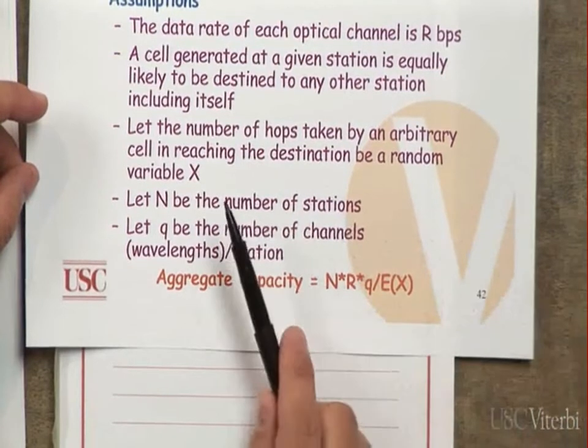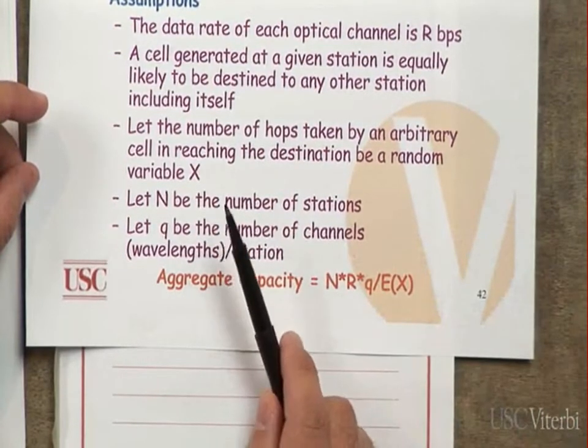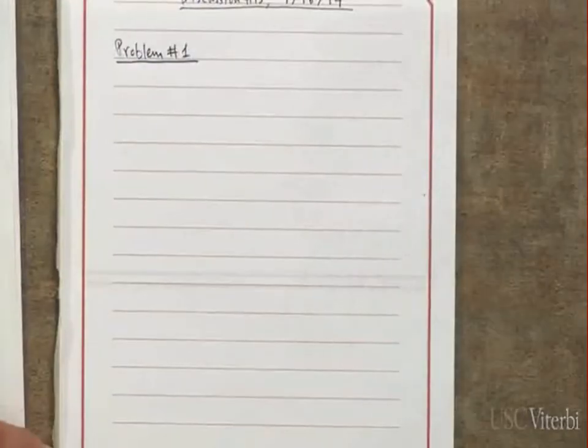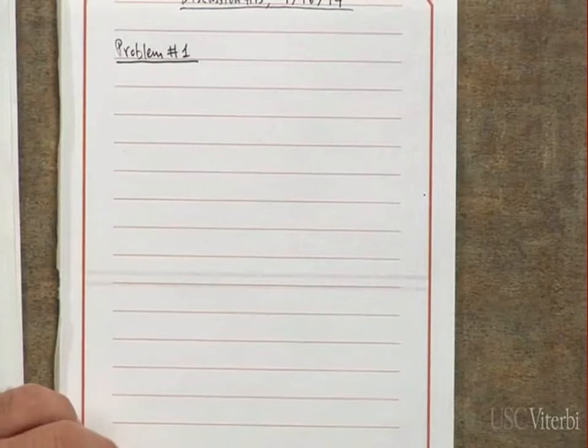In number of hops, of course. The hops taken by a packet reaching the destination we represent as X. It's a random variable.